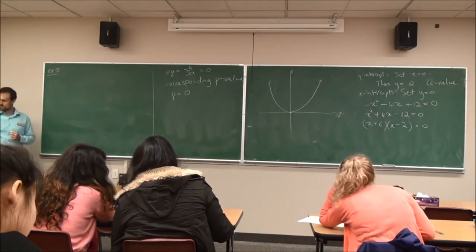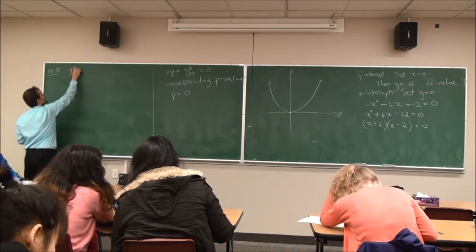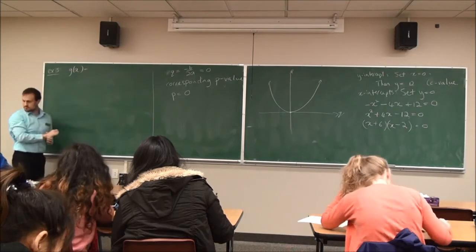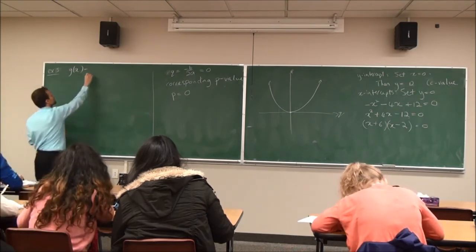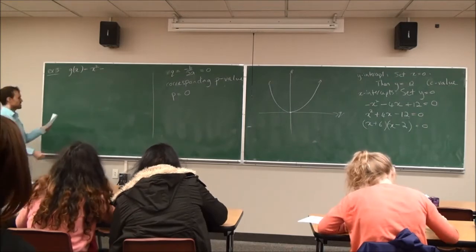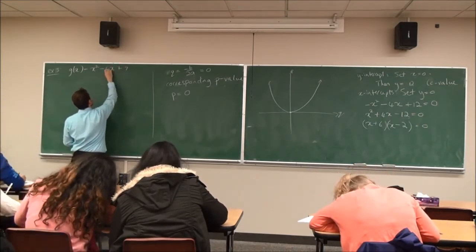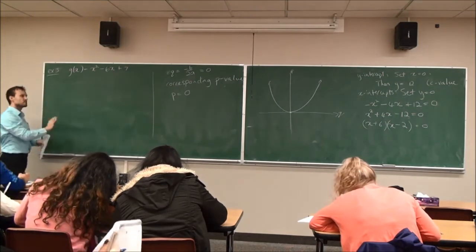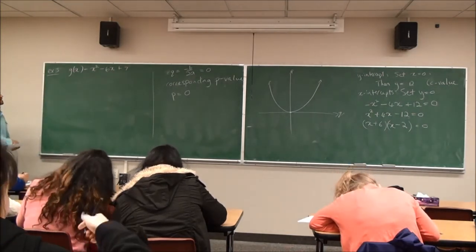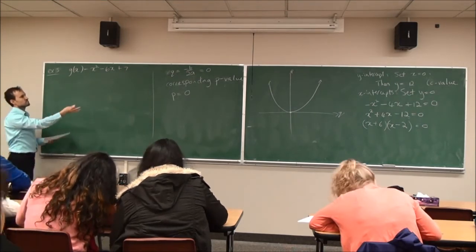The next one is g of x equals x squared minus, I have a terrible memory, 6x plus 7. Just to make sure we know how to find the maximum or minimum and do a rough sketch.